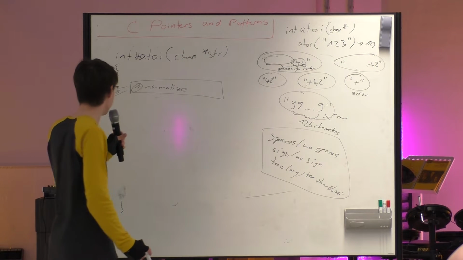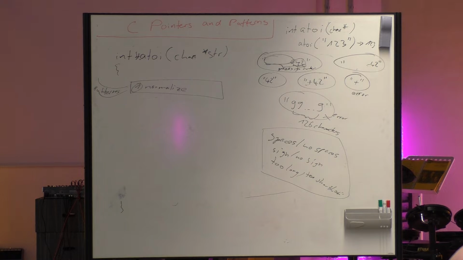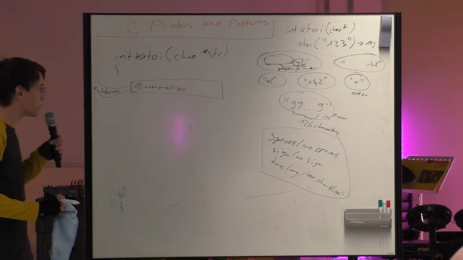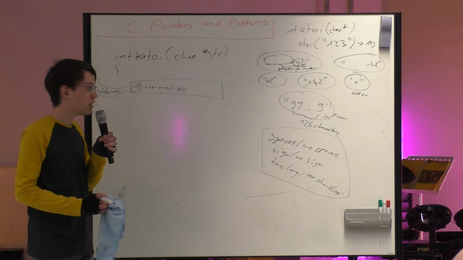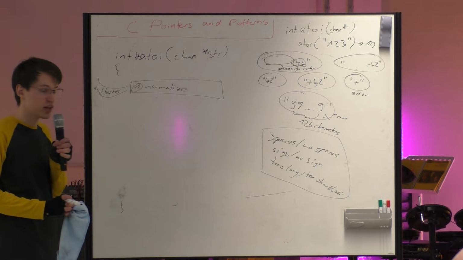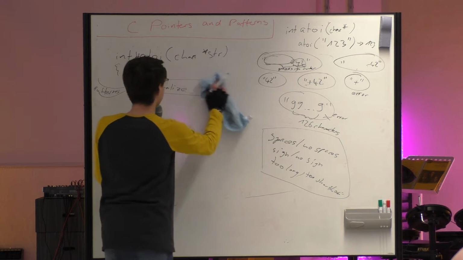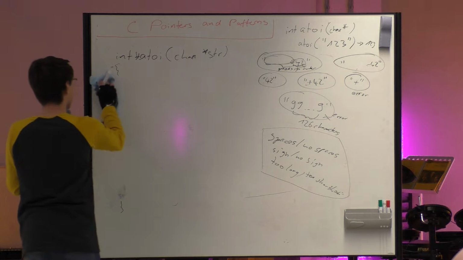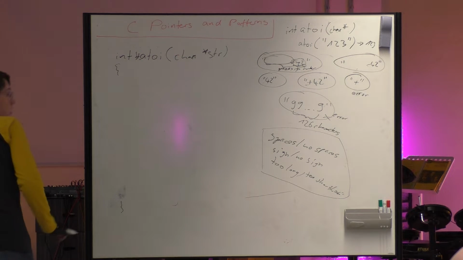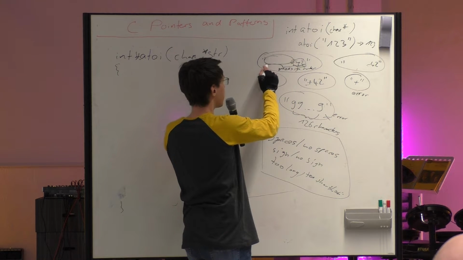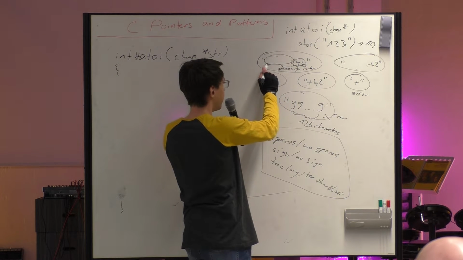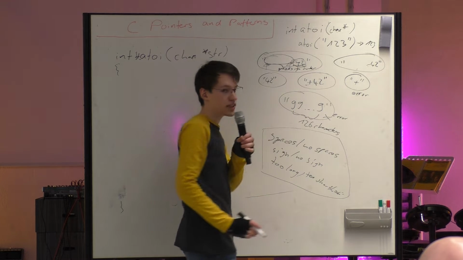Okay, so let's fill it in. This is something I'm just going to present to you. Your homework or exercise is to just pay attention to the patterns that occur more or less often. So let's just fill in something. So the first pattern: since we have a string that starts here, we just need to skip the white spaces.